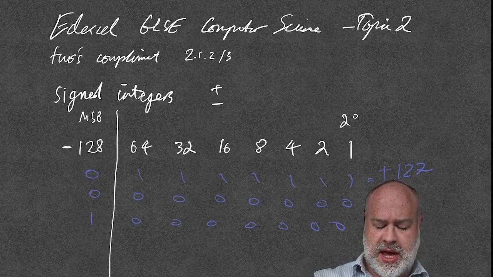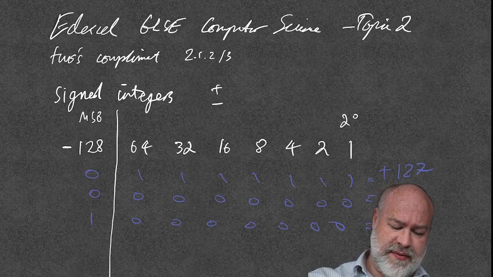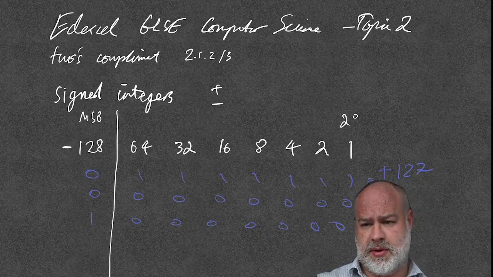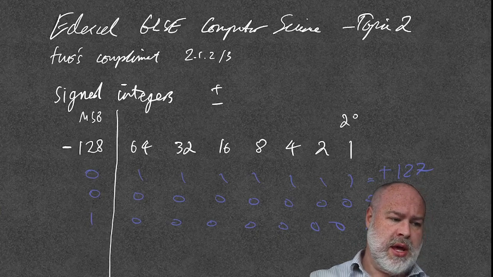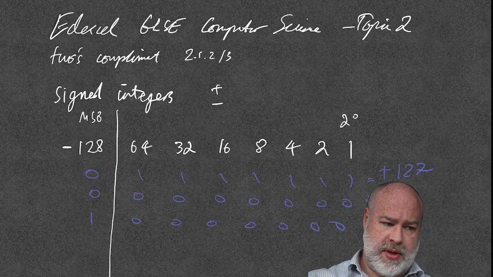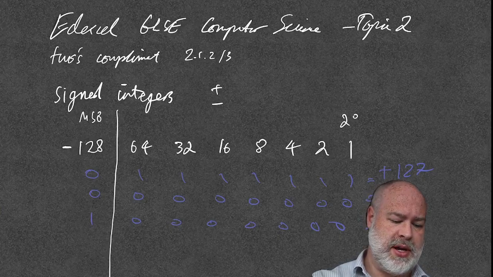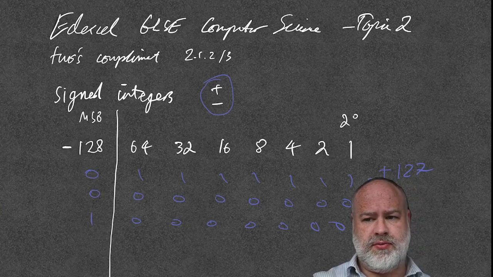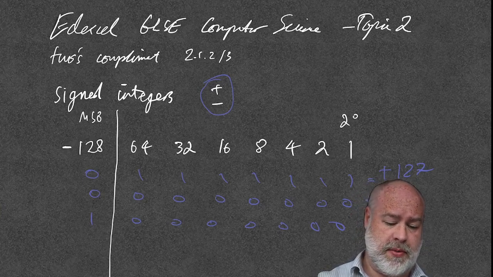The key thing here is that the left, most significant bit column is a negative number instead. So hopefully that concept is relatively straightforward now. If we're talking about signed integers, we're talking about things that can have a negative value, and to represent that, one of the ways computers do that is using 2's complement.